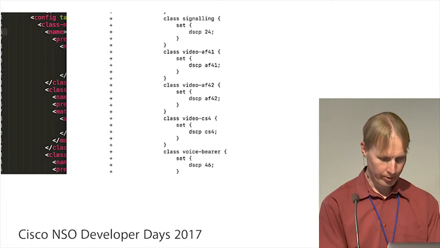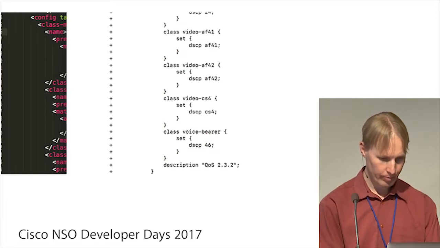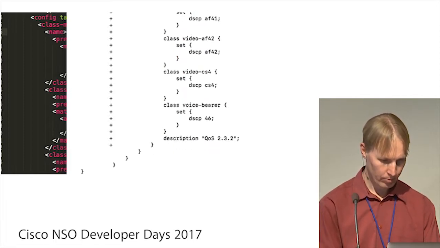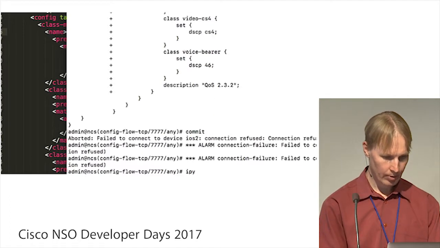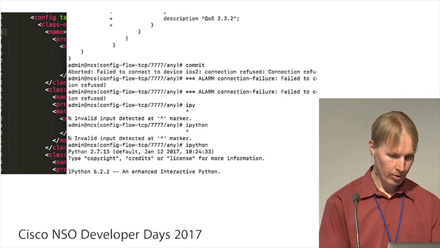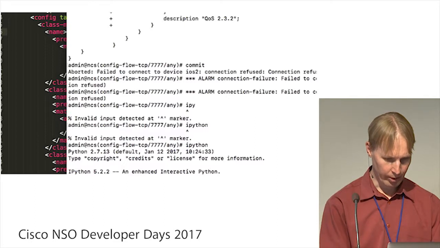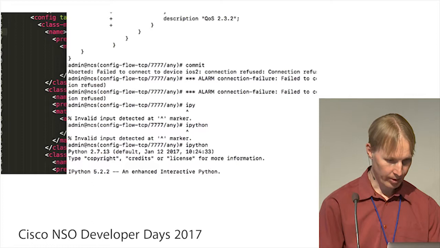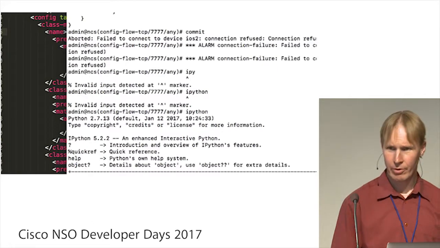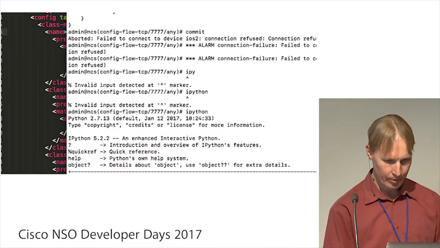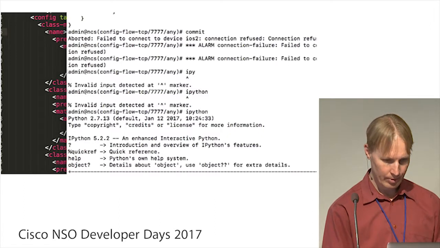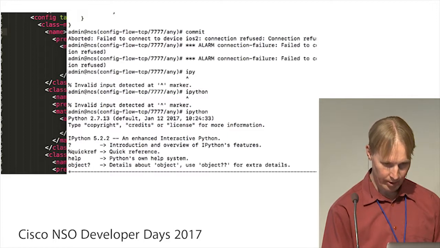IPython, sure, I can show that. So if I do, for example, as you say here, for dev in root, and hit dot, hit tab, I get a lot of different completions here. Devices, okay, dot again.